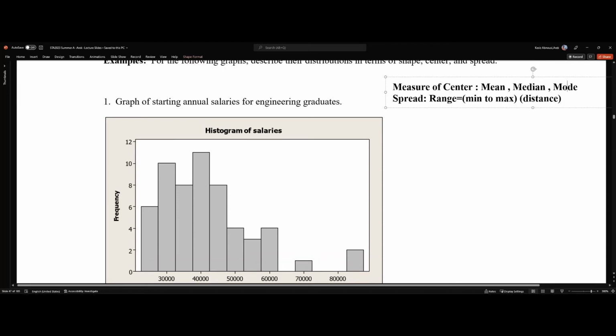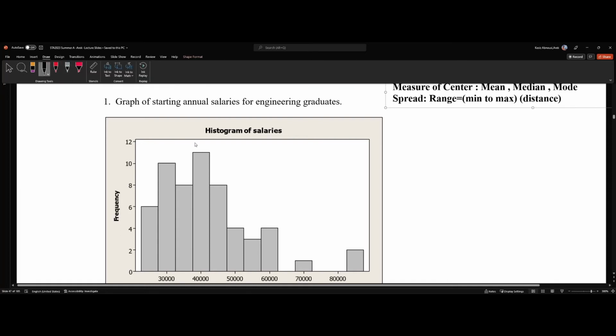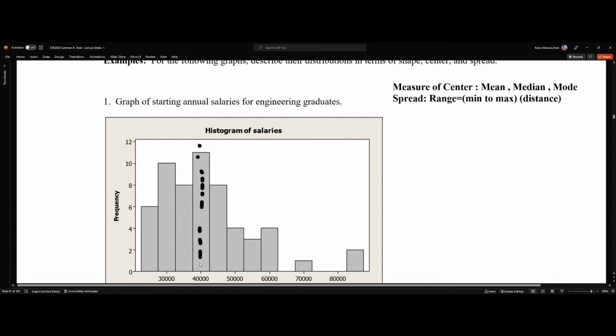About the measure of center, the mean is clearly approximately around here. So let's draw this. Actually, it's approximately like here, 45,000.